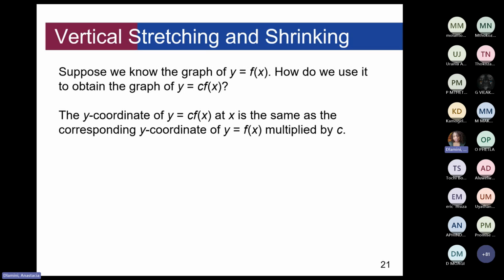How do we use it to obtain the graph of y equals c times f of x? The y coordinates of y equals c times f of x at x are the same as the corresponding y coordinates of f of x multiplied by c.